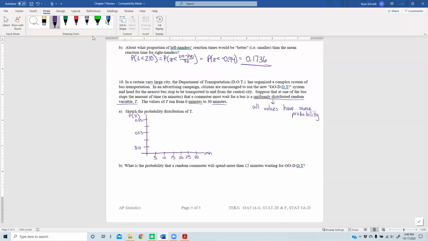Okay, now they all have the same probability. And remember that the area under the curve has to equal 1. So there's 30 minutes.